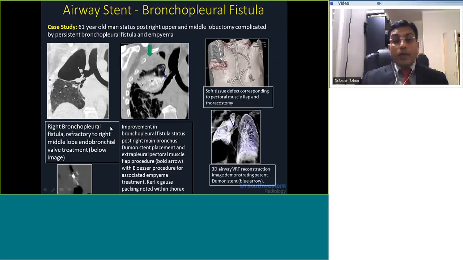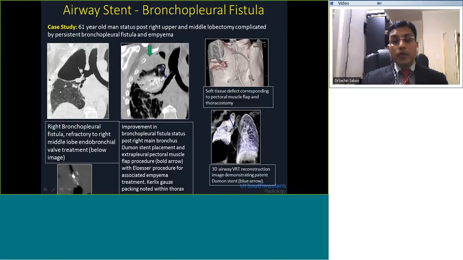This is a complex case of a roll-off airway stent in a patient with bronchopleural fistula. This patient underwent right upper and middle lobectomy, which was subsequently complicated by bronchopleural fistula and empyema development. As you can see on this coronal image, the patient underwent endobronchial valve placement, and you can see on this inset image here, the valve was placed. But the pneumothorax and bronchopleural fistula did not improve that drastically with this.